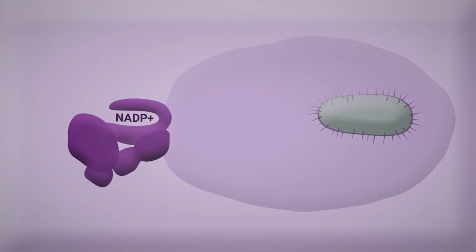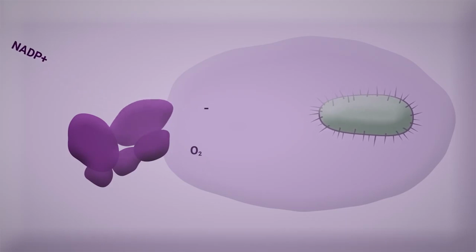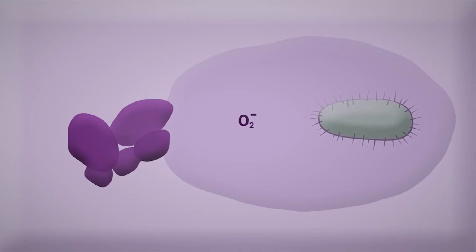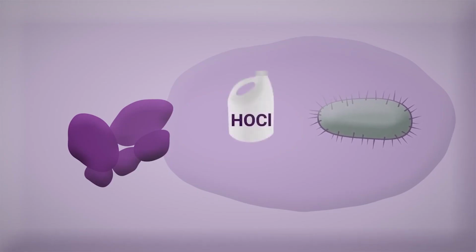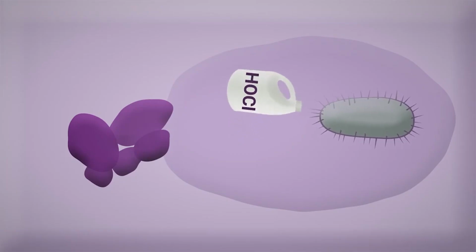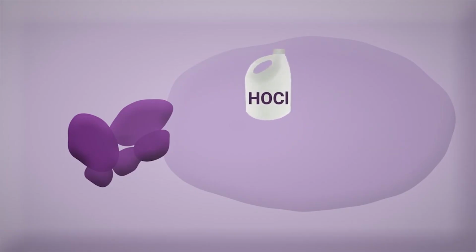They turn it into NADP plus because they've taken an electron from there, and they give that electron to oxygen. That makes superoxide, and then that gets turned into hydrogen peroxide, and then that gets turned into bleach. And that bleach is involved in killing the bacteria that is inside the cell.